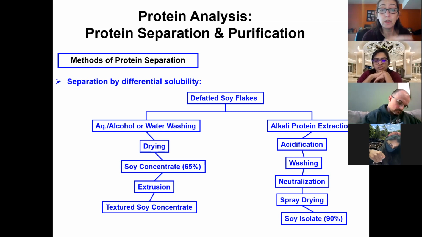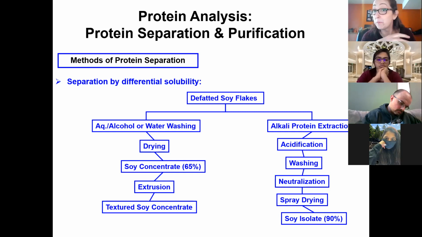To produce a concentrate, you can add 60 to 80% ethanol, alcohol. So you solubilize sugars and oligosaccharides and other solubles, and the protein and fiber, you don't have much starch in soy, protein and fiber will precipitate. And then you take that, you pasteurize, dry, make sure it's neutral, resuspend, and you get soy protein concentrate.